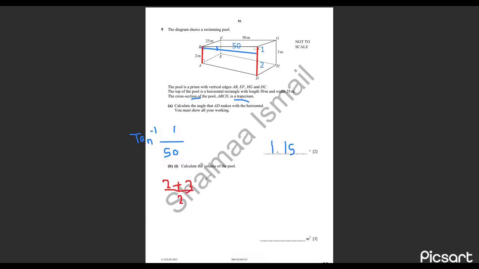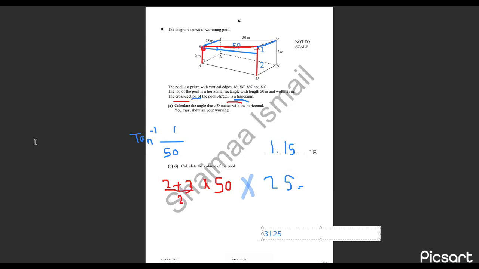Two bases divided by 2, multiplied by the height, and here is the right angle, the height of the trapezium here is equal to 50. Okay, so that is the area of the cross section, which is the area of the trapezium. Then we multiply the cross section by the height to get the volume, which is 25 here. Okay, multiplying by 25. On your calculator, put all these numbers. It gives you a final answer of 3,125.